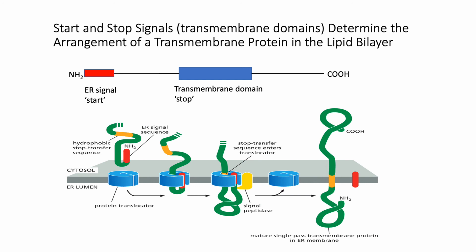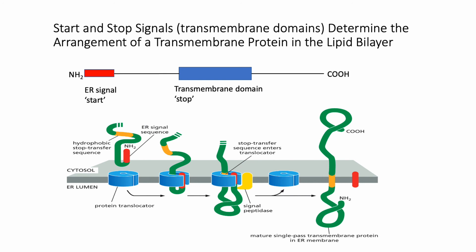Now, the multipass transmembrane domains have multiple nonpolar alpha helices, and they work as stop and start transfer sequences in sequence. So the first one would be a stop, the next one would be a start, so start transferring again, third one would be a stop, and so on.